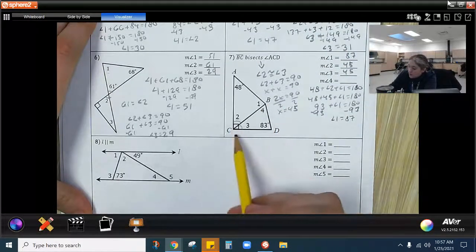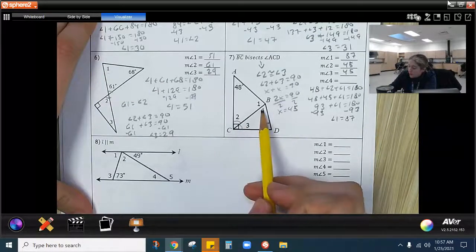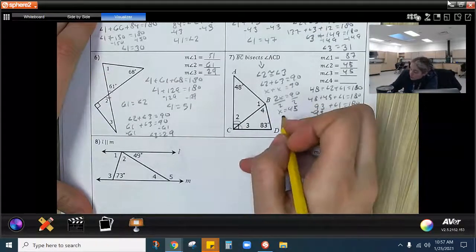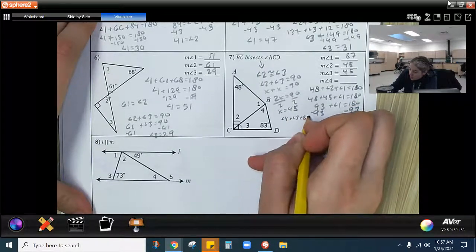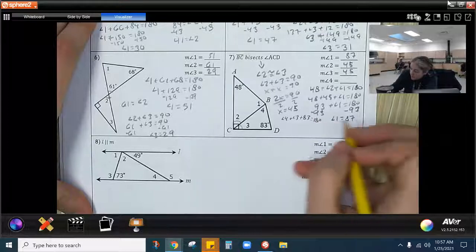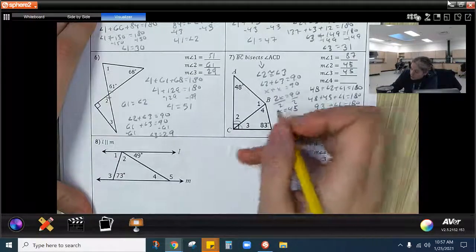And then we need to figure out this one down here. We already know angle 3, so we need to figure out angle 4. So angle 4 plus angle 3 plus 83 equals 180. Angle 3 we said was 45.